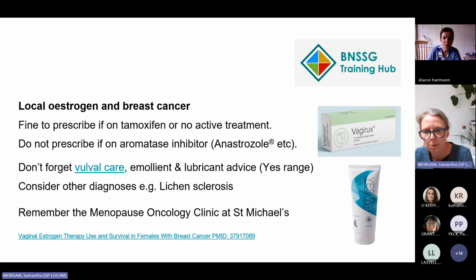But again, it's really important to think about the basics, remembering vulval care. The Yes range is a fantastic range of products. You can get free samples as healthcare professionals that you can give to patients to try. And also remembering, of course, there can be other diagnoses too. So remembering the value of examination, looking out for other conditions as well.